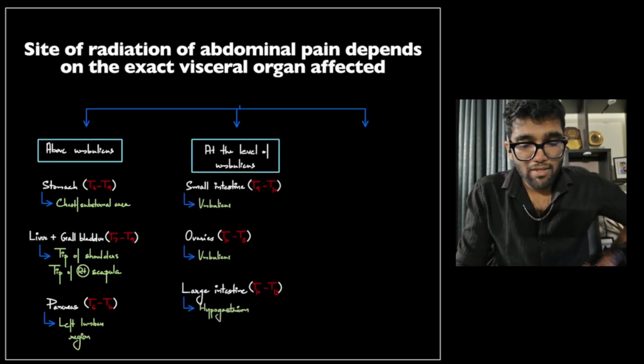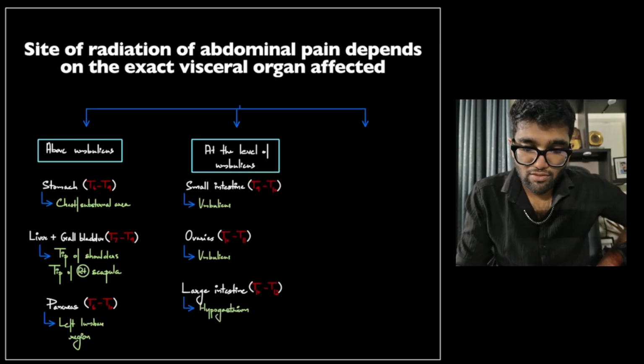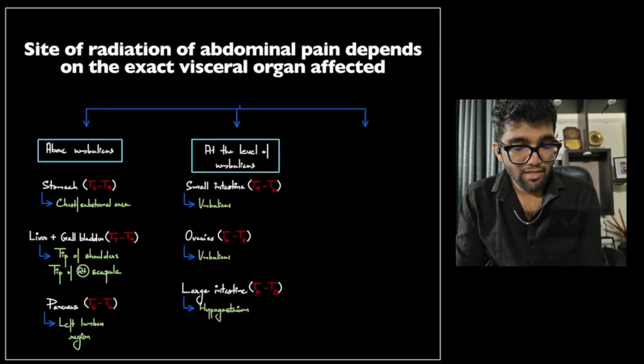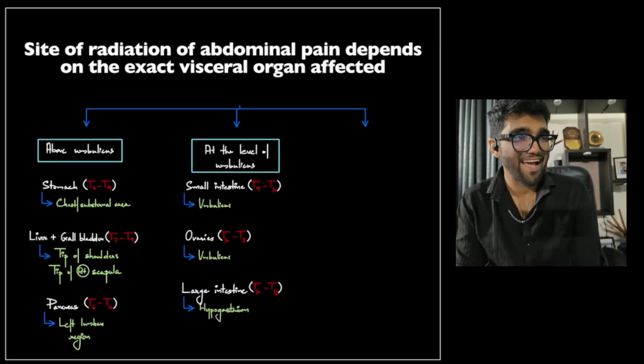At the level of the umbilicus, it is either the small intestine, the ovaries, or the large intestine. The small intestine almost always is umbilicus. Similarly, ovary is also umbilicus, because both again are T9 to T11 respectively. And the large intestine can radiate to the hypogastric. That is because of T10 to T12. If you have ever had gas, you would be aware of how this works.